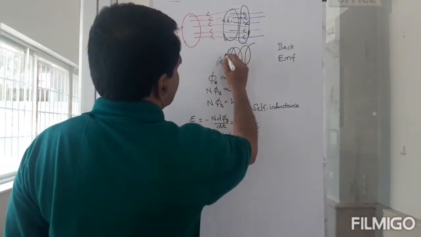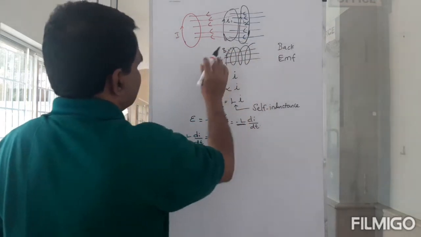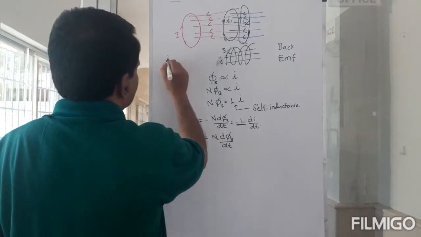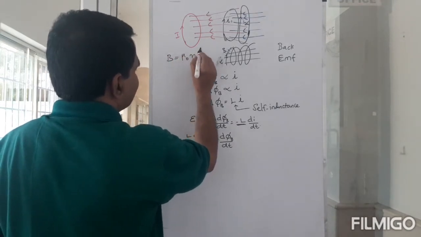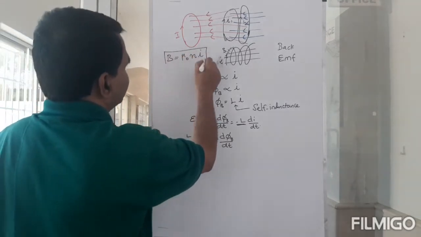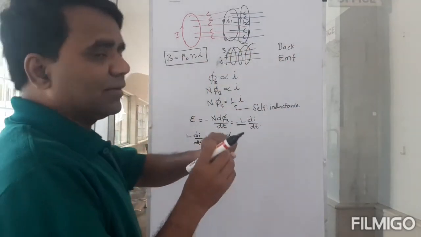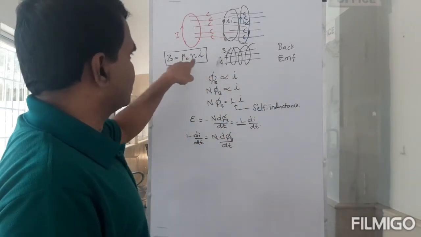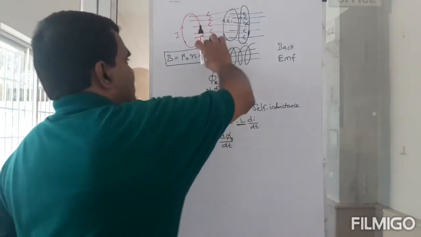Suppose the magnetic field is B. From our long solenoid equation, B is equal to mu naught n I. If this is a long solenoid, then B within that solenoid is given by this expression, mu naught n I.